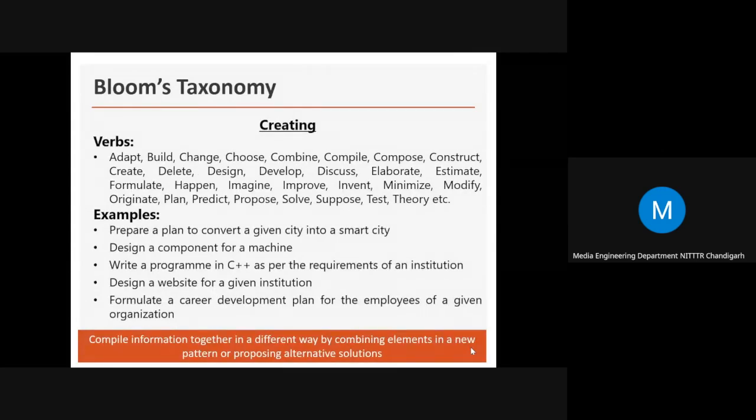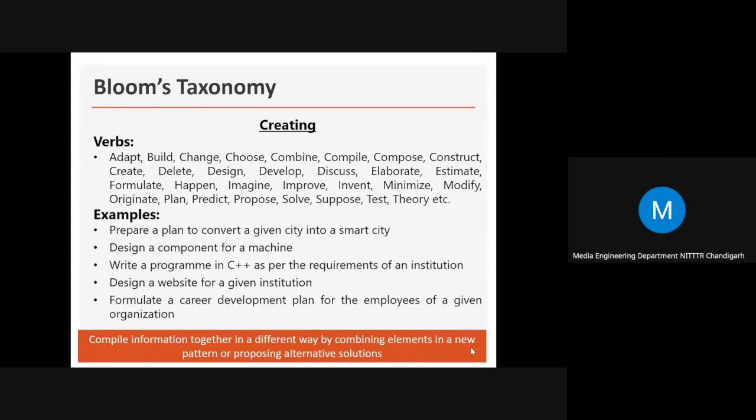Then creating is the highest level, right? So here you can see the examples: prepare a plan to convert a given city into a smart city or a given campus into a smart campus, right? Write a program in, say, a particular language, C++, as per the requirement of an institution.